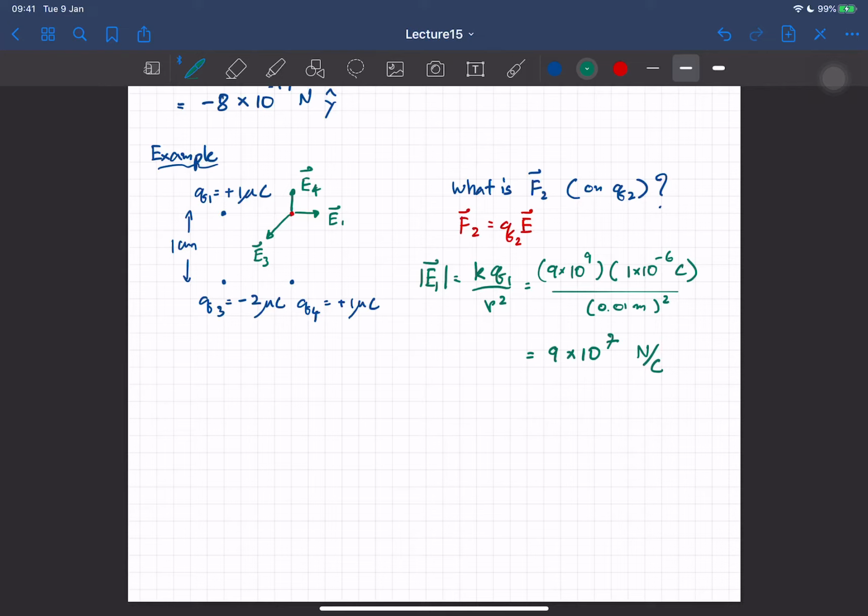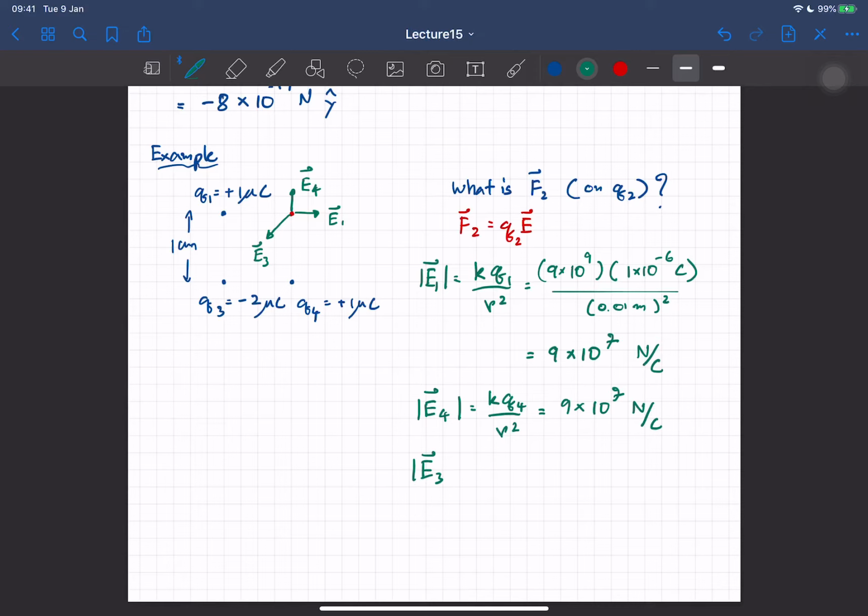But that's fine. What about E4? E4 is the same magnitude as E1 because the distance is the same. The magnitude of the charge is the same also. So it's still 9 times 10 to the 7 Newton per coulomb. What about E3?